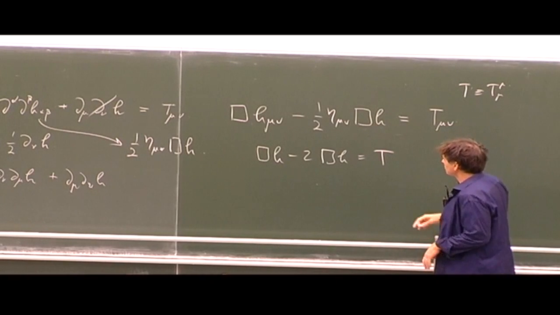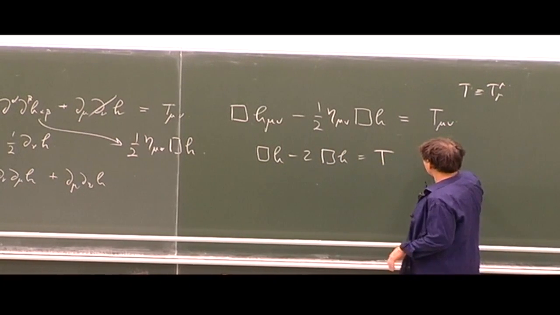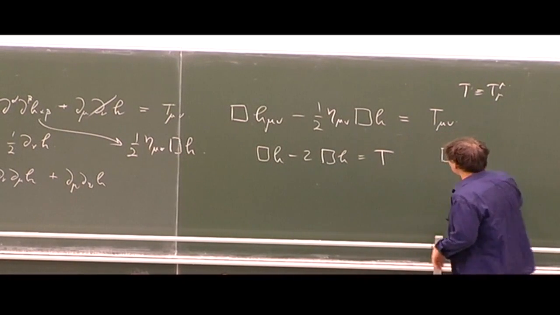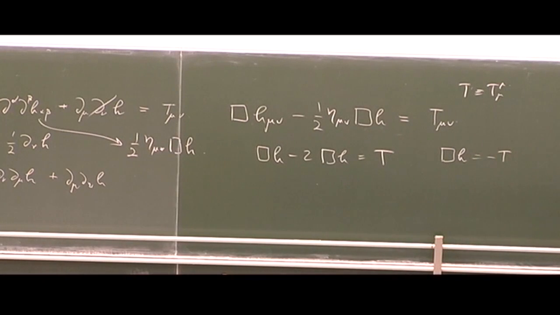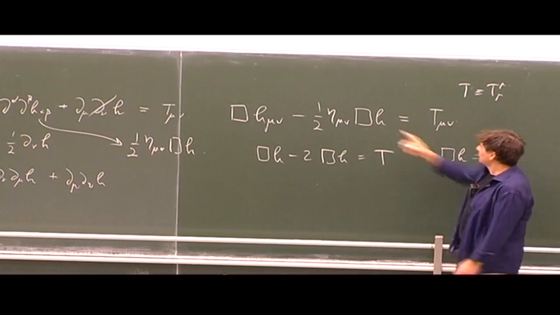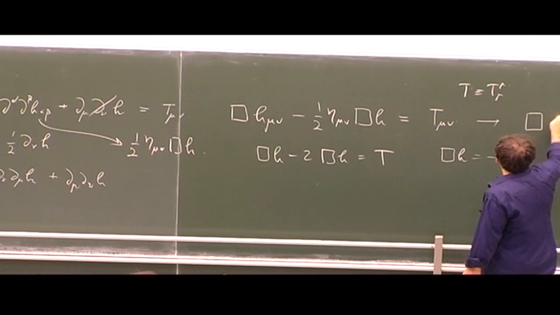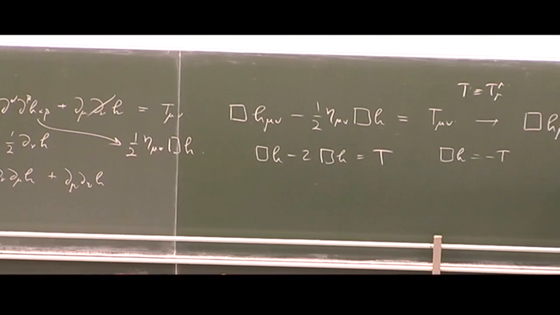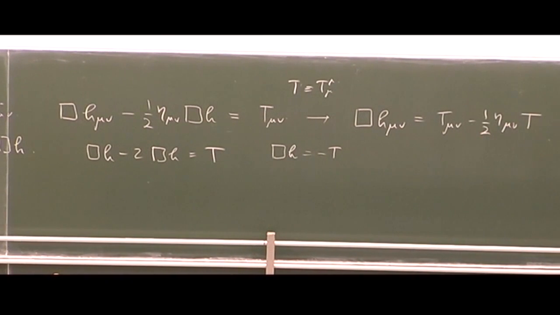So we can express box h as minus T, then plug it back there and take it to the other side, and we get this nice form.